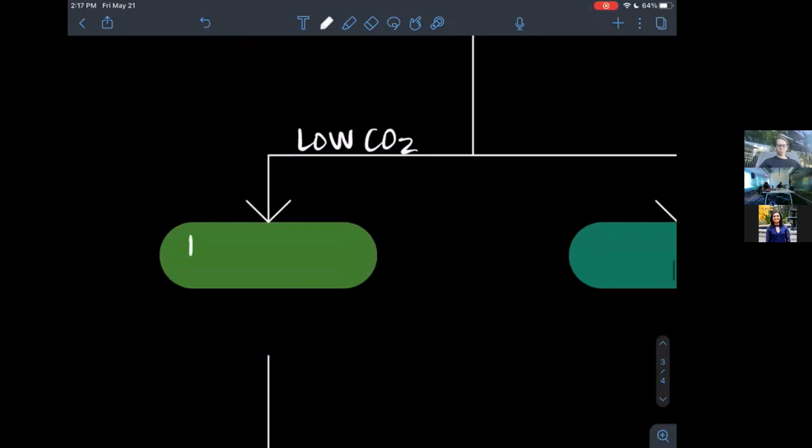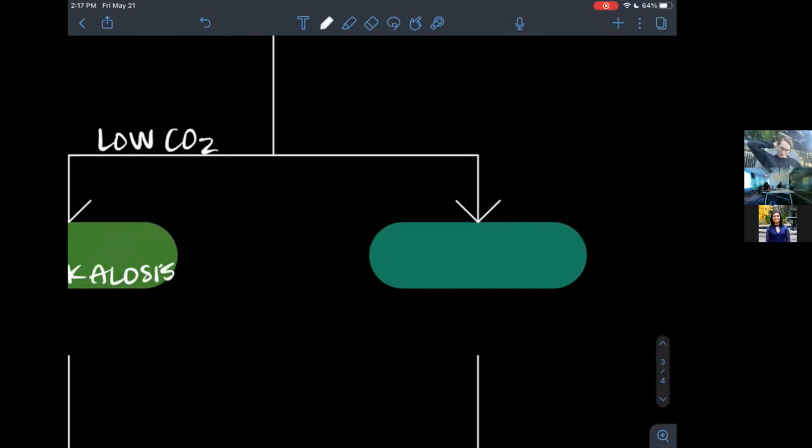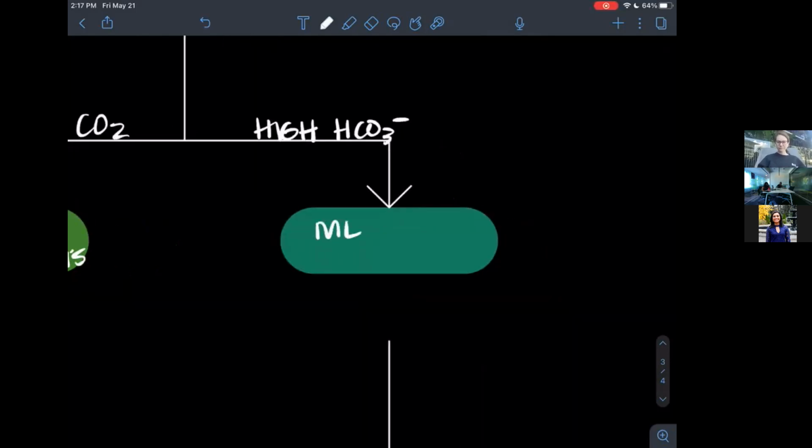That is going to be respiratory alkalosis. High pH, high bicarb, metabolic same. You're going to have metabolic alkalosis, my bad.